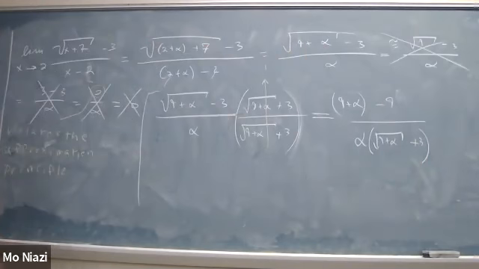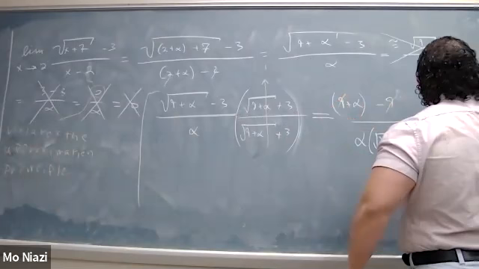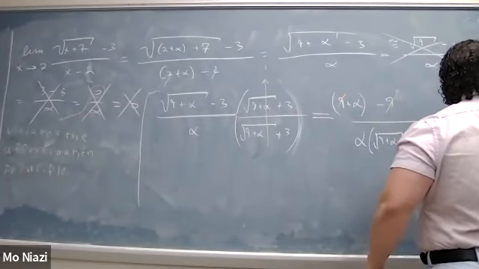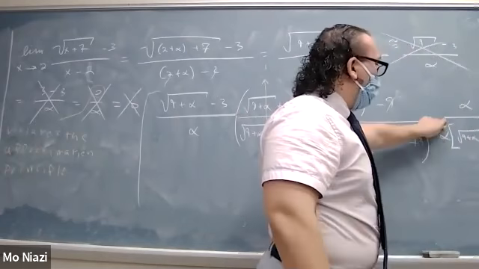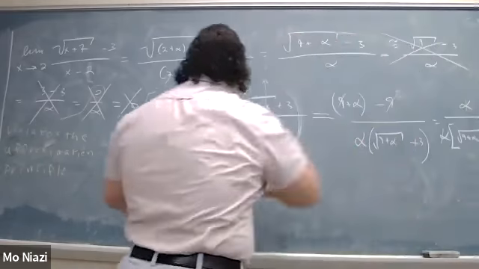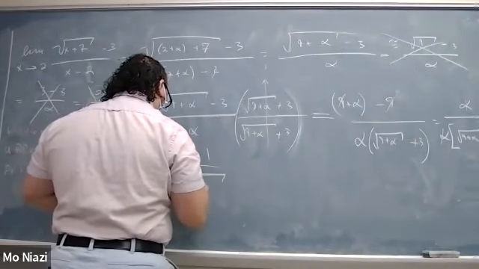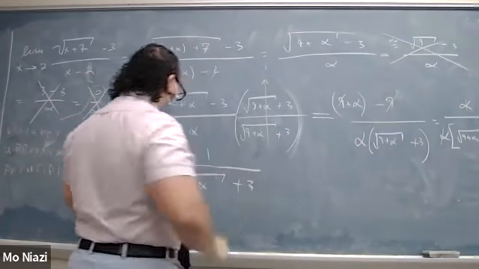Okay. So then notice that the 9's cancel here. And what you get is alpha over alpha times the quantity. And then you notice that the alphas cancel here. So that what happens over here is you get 1 over the square root of 9 plus alpha plus your 3.